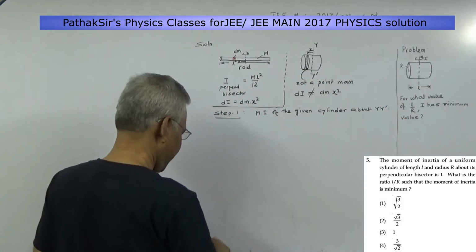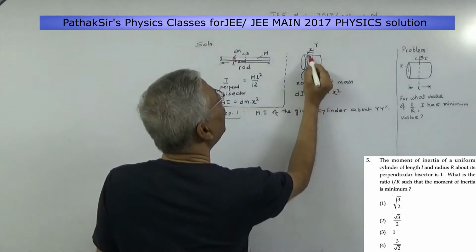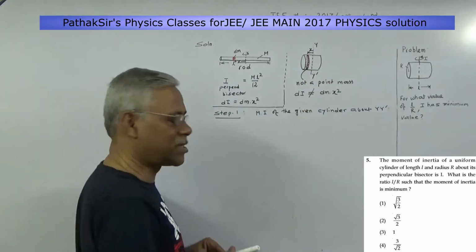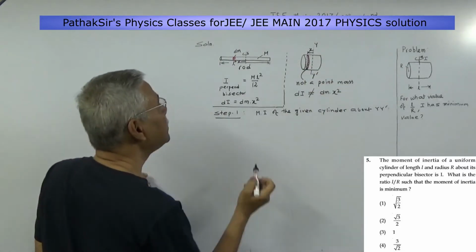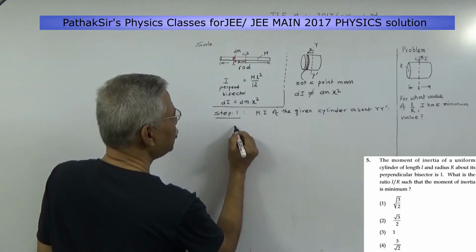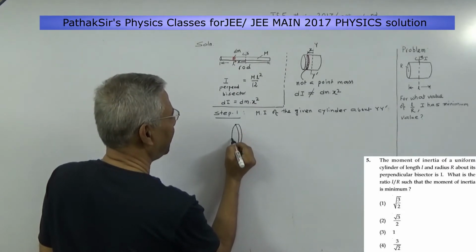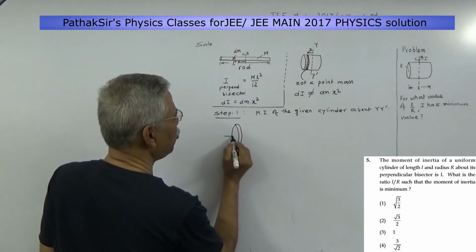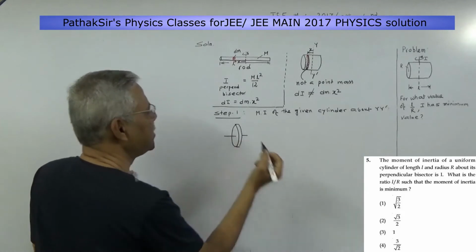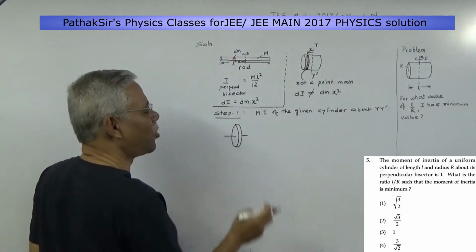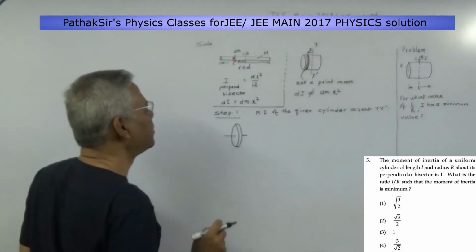So we will have to consider an element. This is the element that we are considering, at a distance of x. This is actually a disc, or a cylinder of very small height.